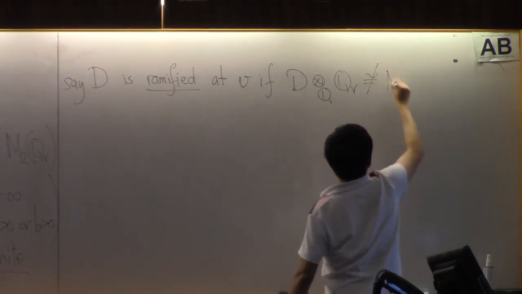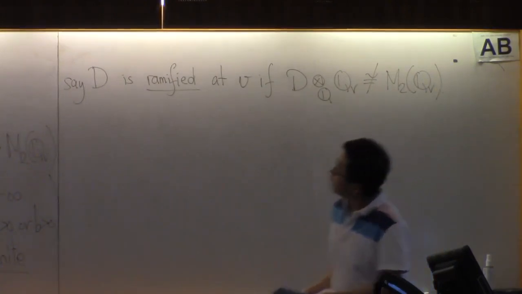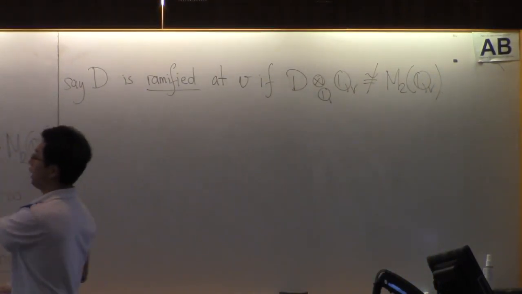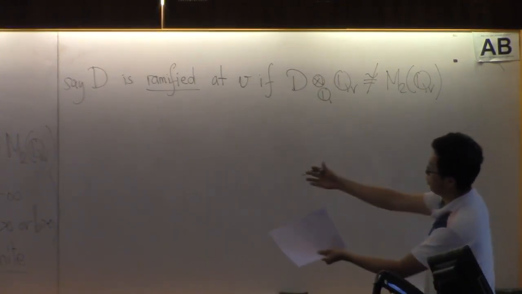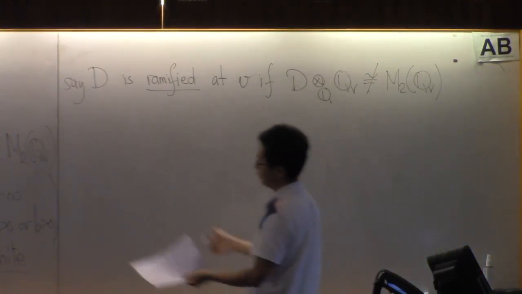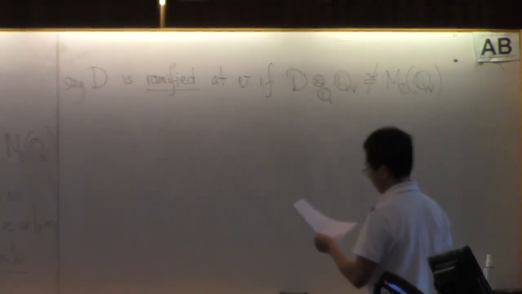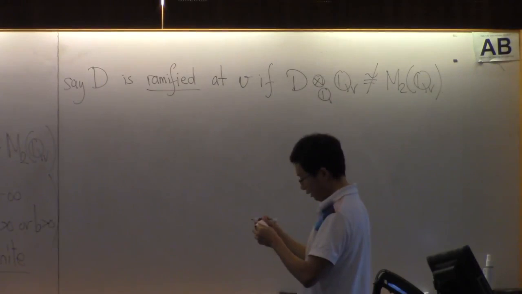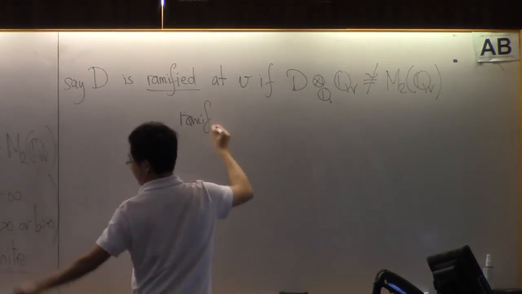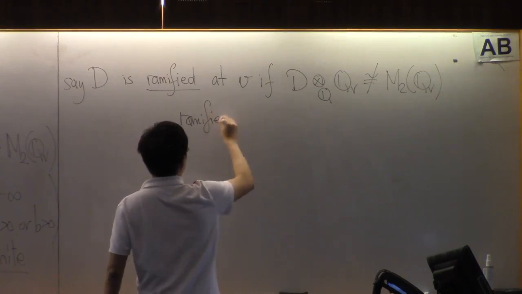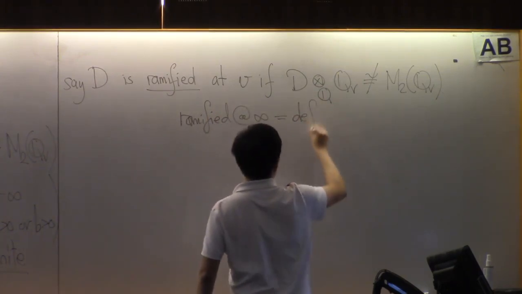Remember that over a local field there are only two types, either matrix or not matrix, divisional. So one case is called split, it is a matrix; ramified is not. Corresponding to indefinite, ramified at infinity means definite.